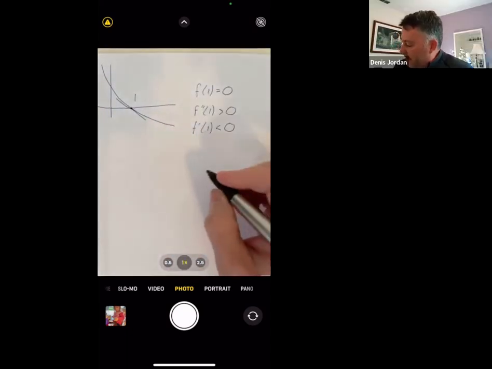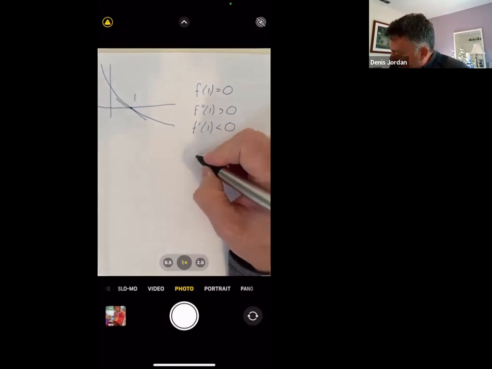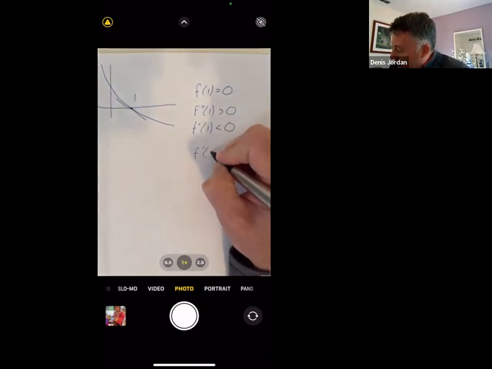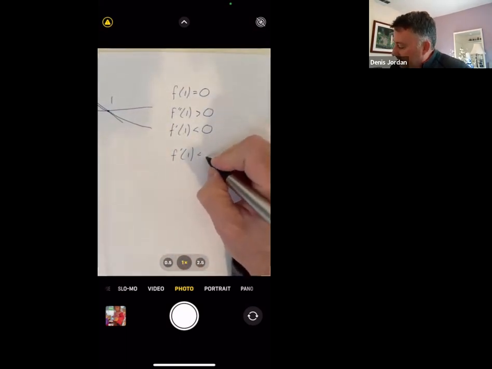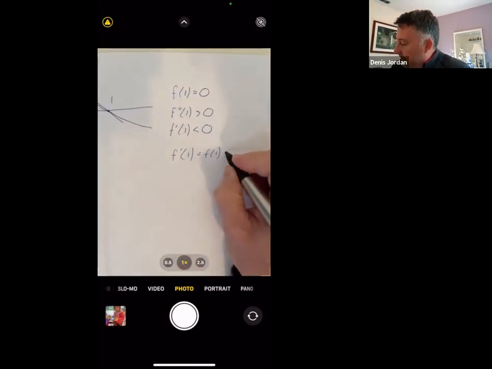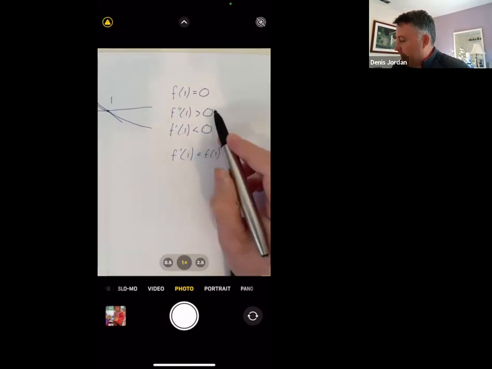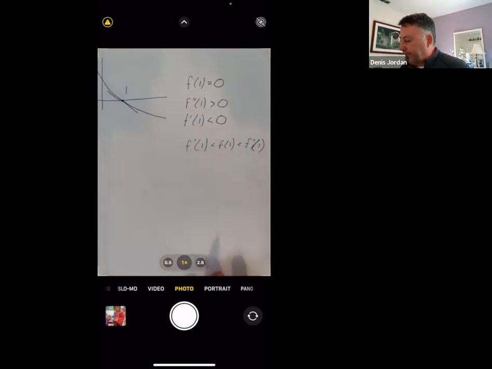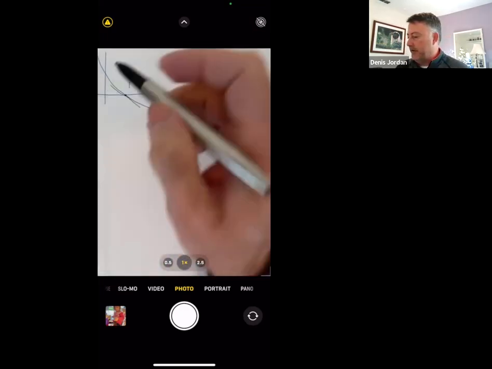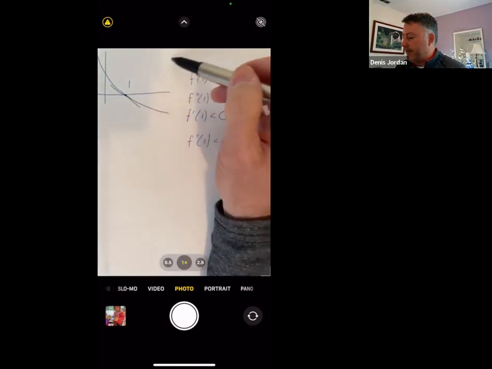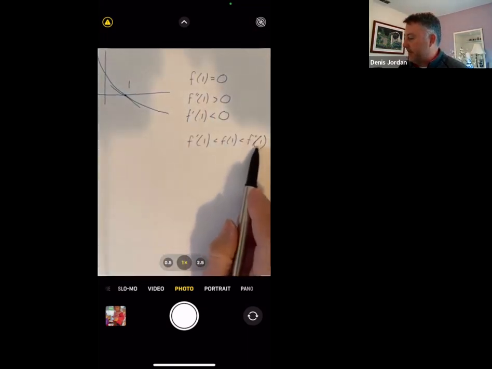Negative. So the derivative is negative, so that's the smallest of the three. The function is 0, so it's in the middle, and the second derivative would be the biggest because it's positive. So in the other version, the graph was upside down, so it flipped the order.